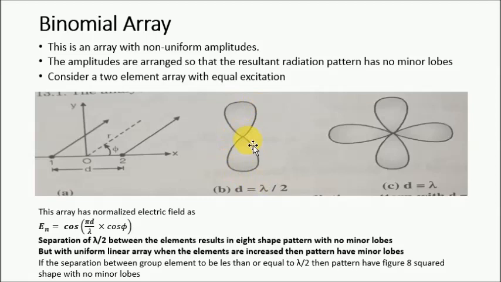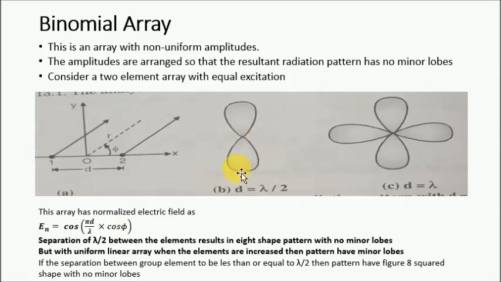If the distance is changed to lambda, we have a different pattern. This array has the normalized electric field given as En = cos(pi d / lambda * cos phi).